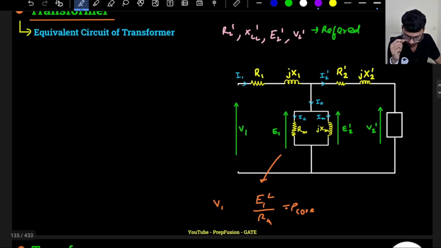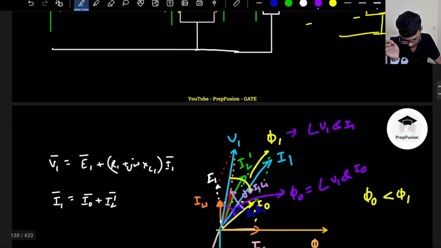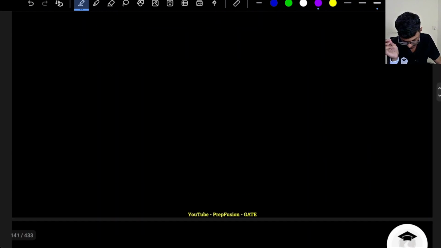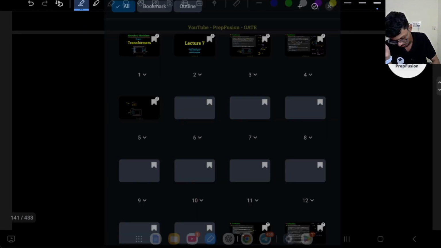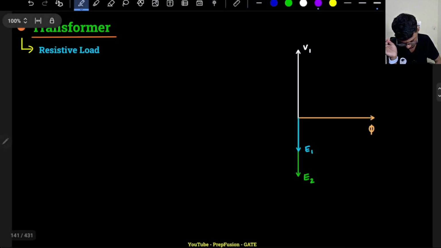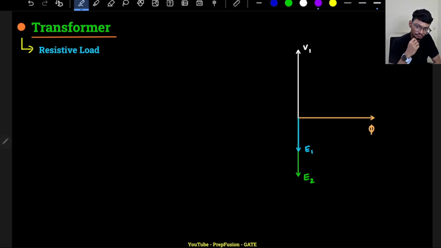So now let's discuss what will happen in a resistive load. If it's a resistive load, my E2 is here, and the assumption is that my V2 is also the same only.